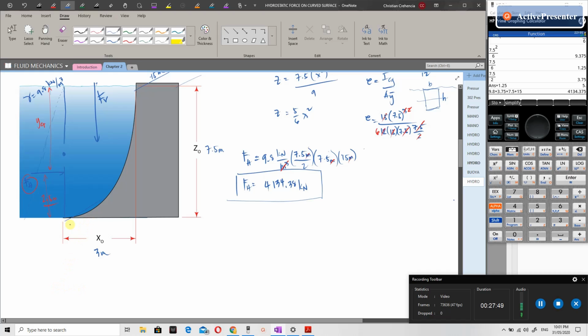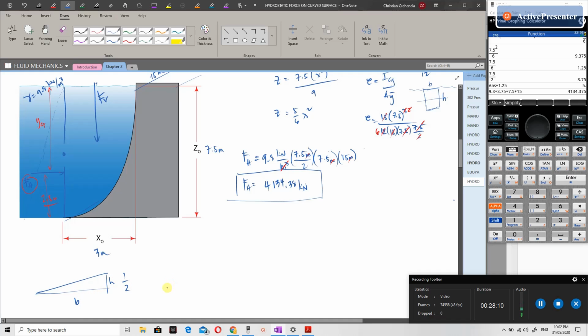Familiar na tayo sa mga ganitong equation. Kapag first degree yung curve natin, so straight, linearly increasing, so ang area natin is 1/2 nung base times height.